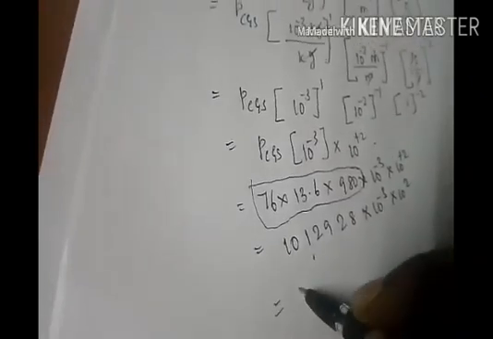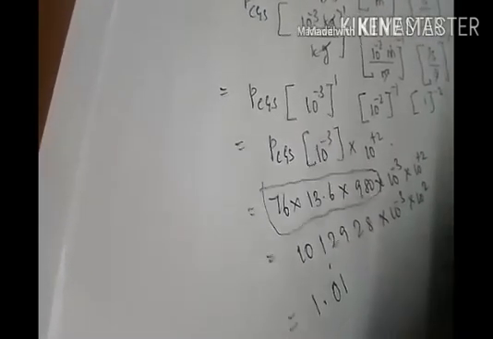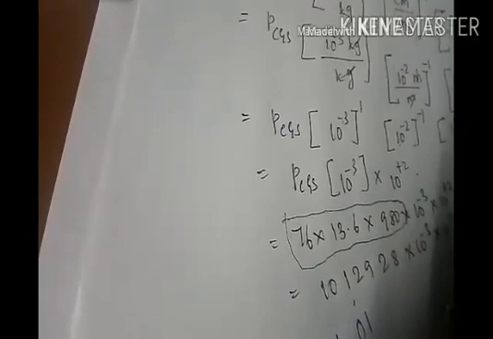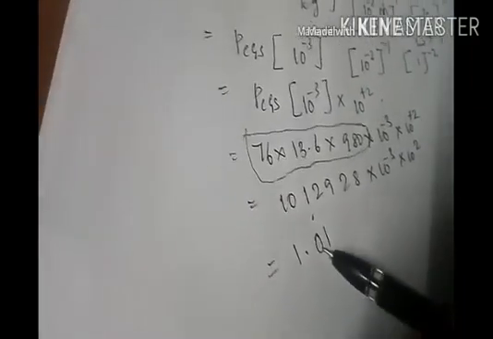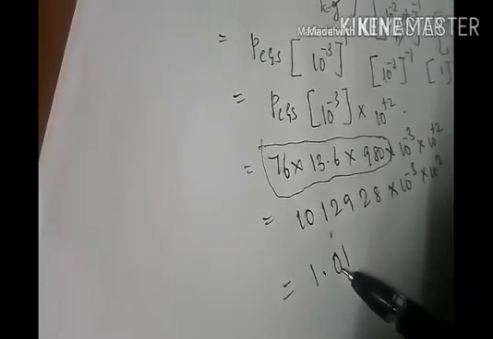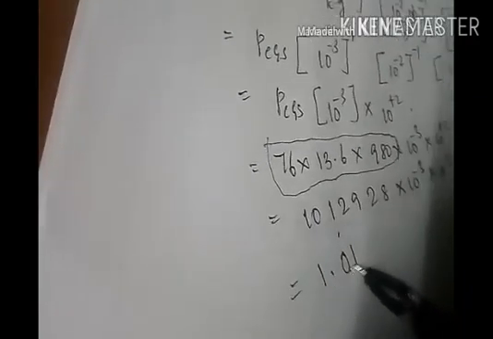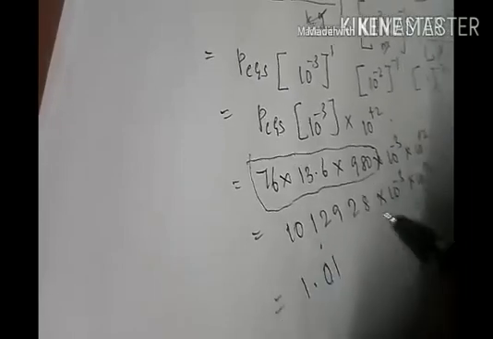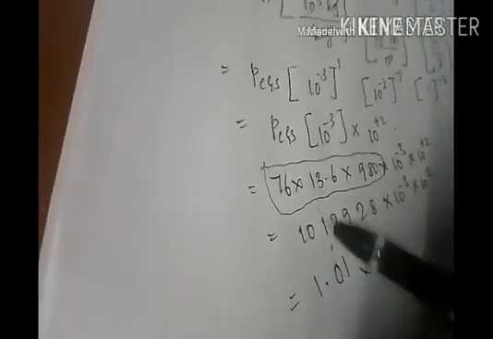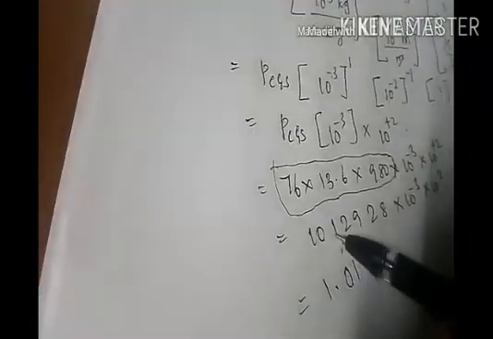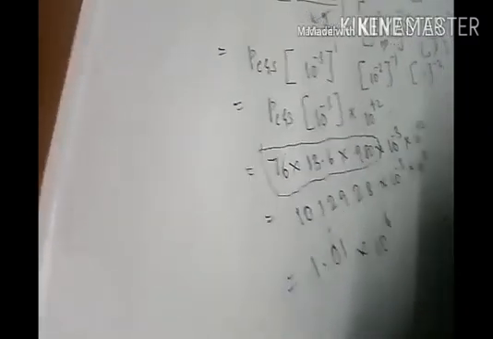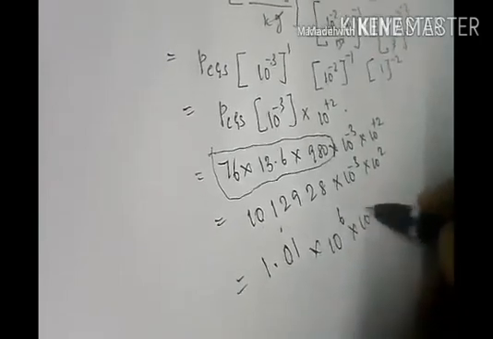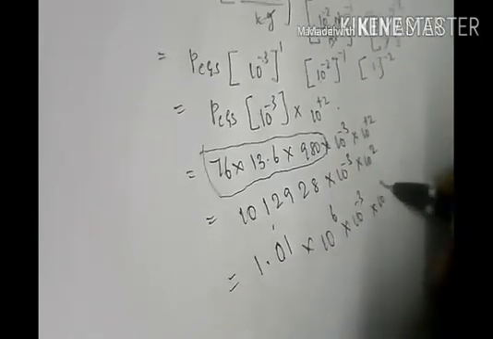So here 1.01. Now I round it off to 2 digits after the decimal point. And how many powers are there? The power is 1, 2, 3, 4, 5, 6. So here 10 power 6. So into 10 power minus 3 into 10 power 2.